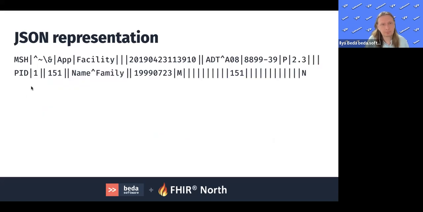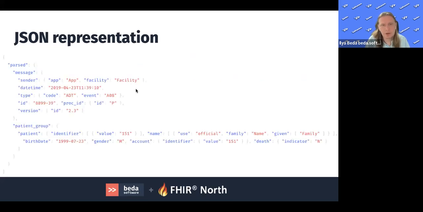If you're familiar with HL7, you can see that it is an ADT message, and you can understand the meaning of each field, like birth date and so on. So you can implement a converter that represents this HL7v2 message as JSON, and since it is JSON, you can query it with FHIRPath.